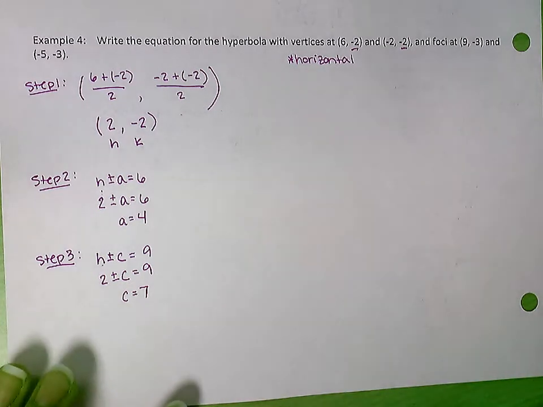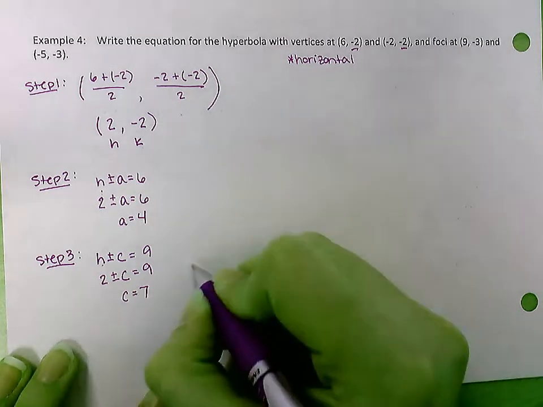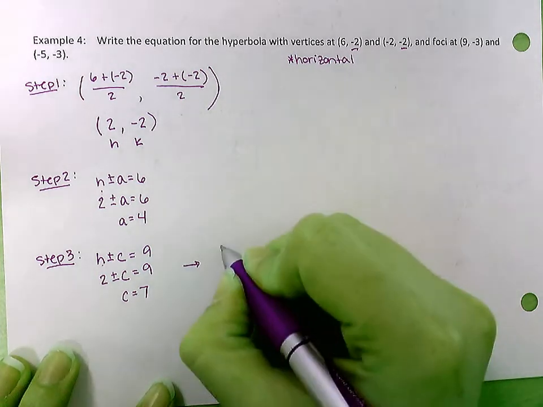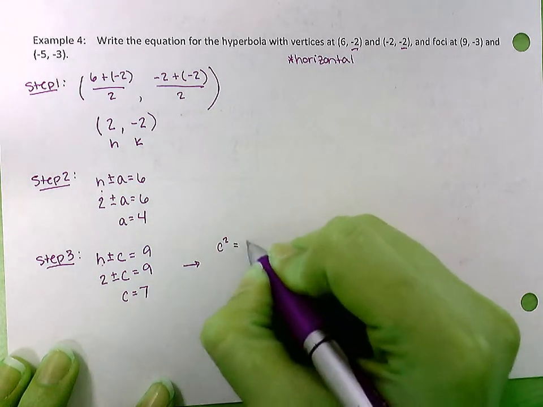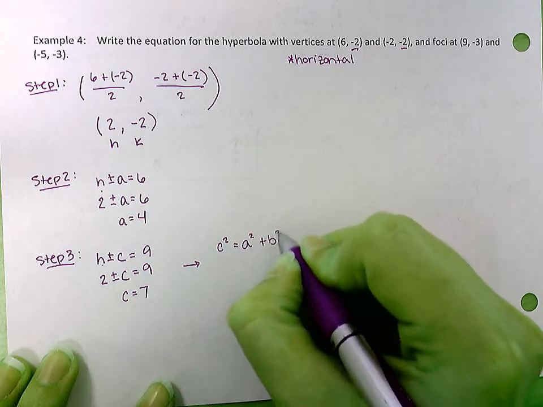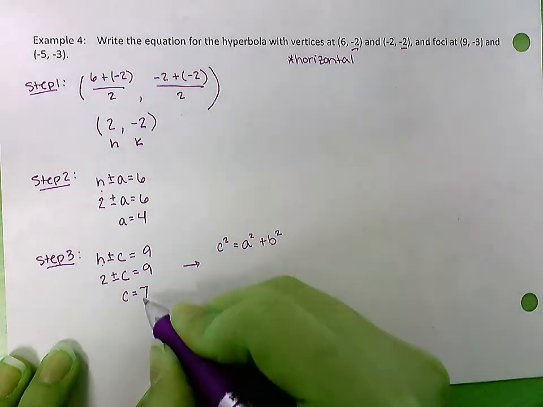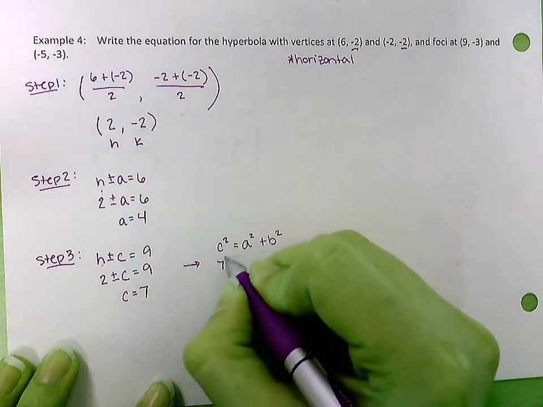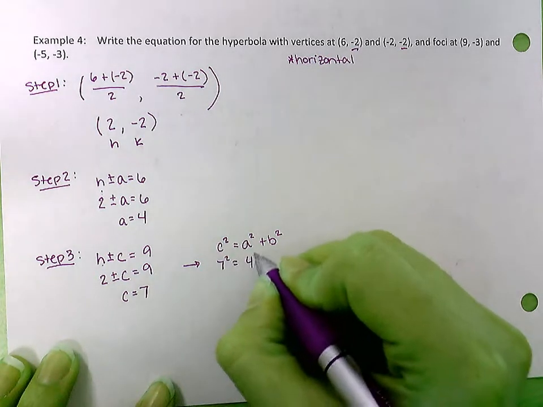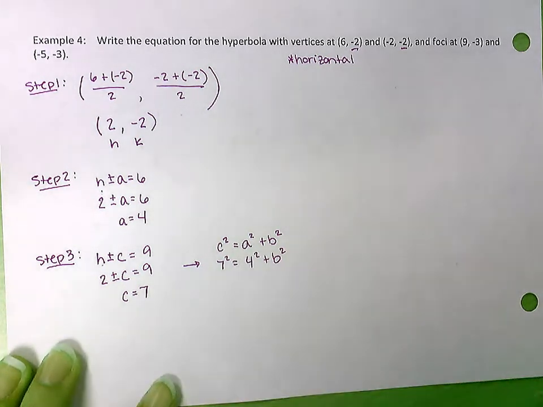Okay, so now that I have a and c, to find b, we're going to use that c squared is equal to a squared plus b squared. And then I plug in c, so I have 7 squared equals 4 squared plus b squared.